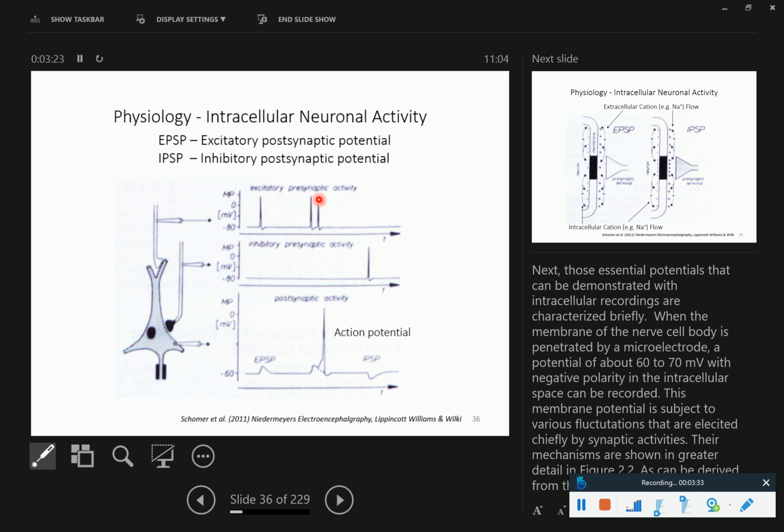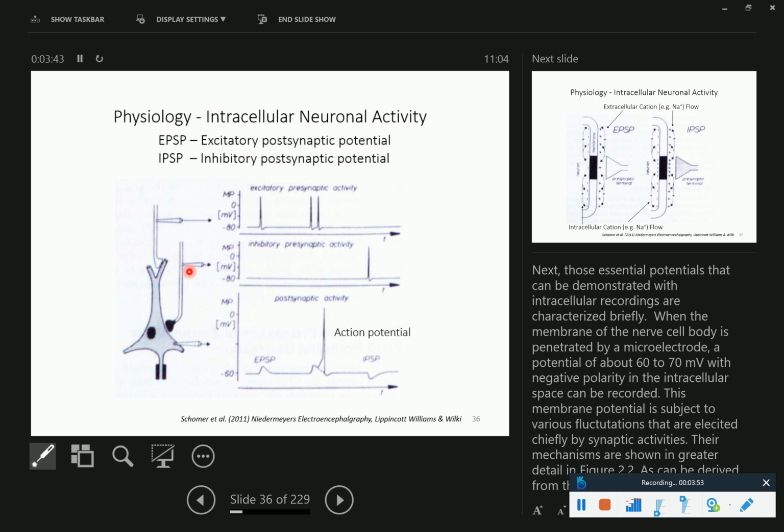And if there's enough excitatory presynaptic activity, so in this case 2 spikes here, then this excitatory postsynaptic potential might be large enough to be supra-threshold and induce an action potential. That's a classical story that you all know.